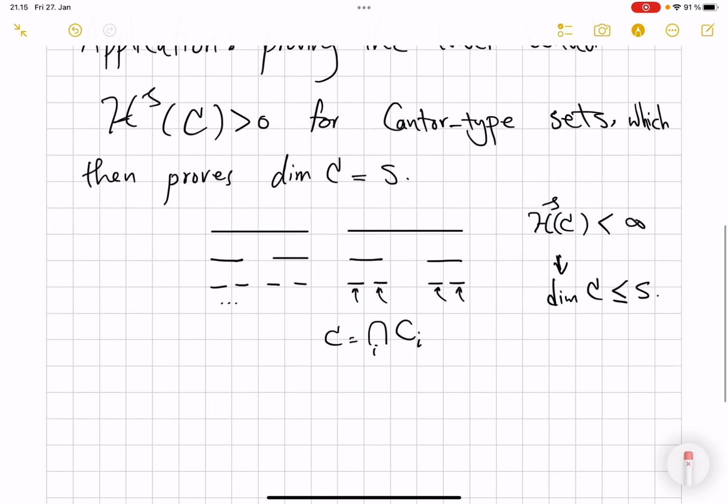Now, we don't know if dimension is equal to S, because it could be that HS of C is 0 and H of S minus some number a little bit smaller of C is finite, in which case the dimension will go even further down, more than S. So to establish that the dimension of the Cantor set is actually equal to S, we need to establish that also Hausdorff measure is bounded from below.